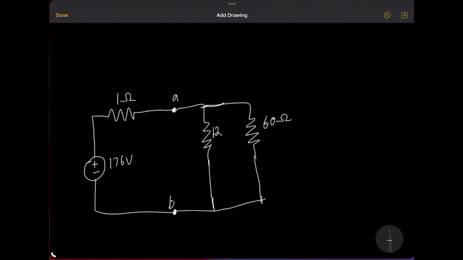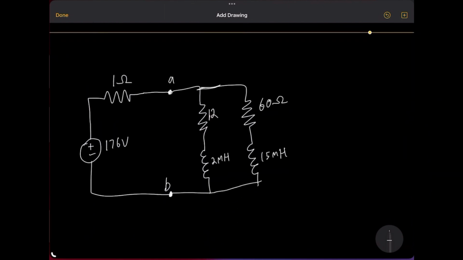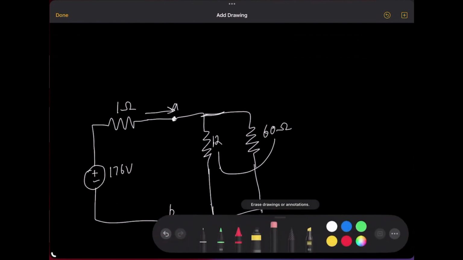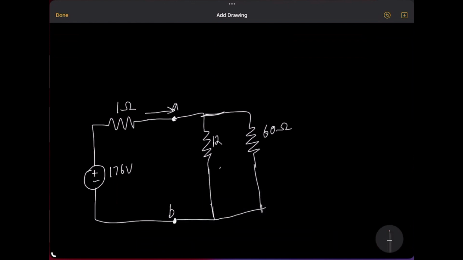So let's first solve these initial values. Okay, so we know that if inductors sit for a while, they act like a short circuit. So we need to first find the initial current coming through here. We can do that by combining these resistors in parallel, and then making them in series with this resistor over here. That equivalent resistance is going to be 1 over 12 plus 1 over 60.